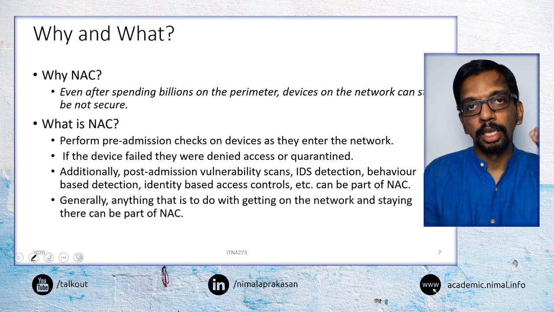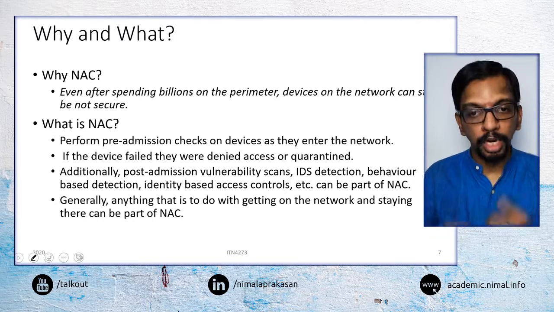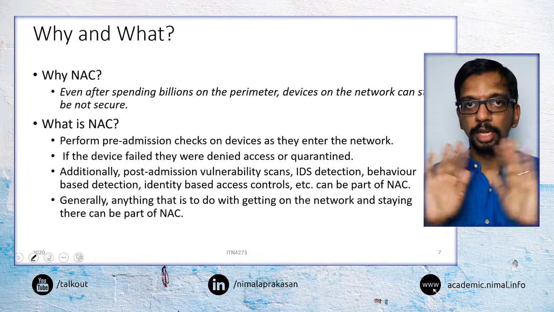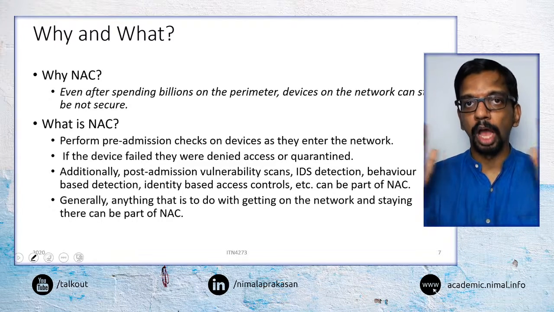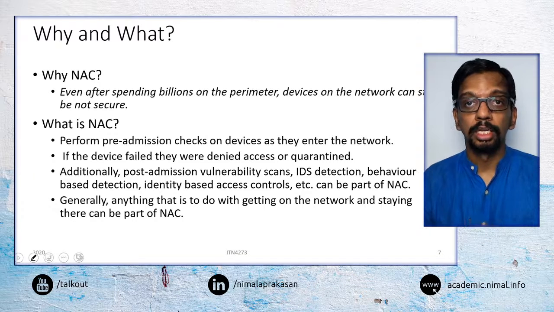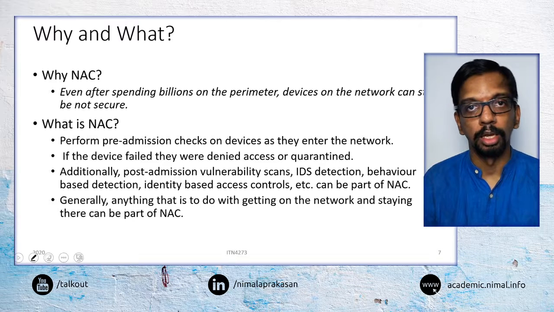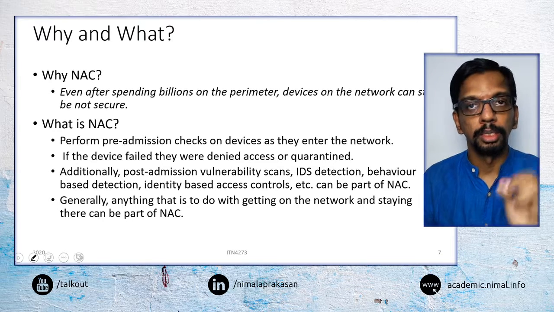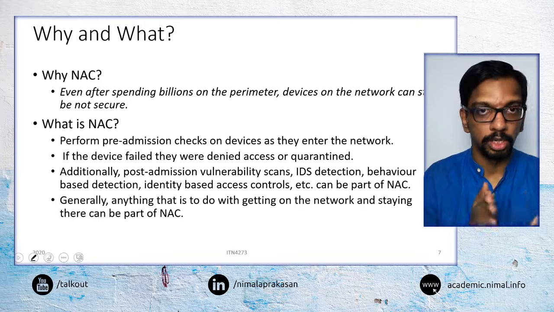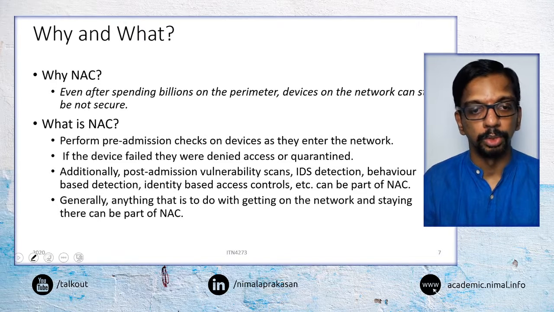That is, even if we have a very good perimeter security mechanism, so our fences are done properly, our firewalls are done properly, the outside perimeter is done properly, can there still be ways that the network can be not secure? That is the question that we are trying to answer by using network access control.